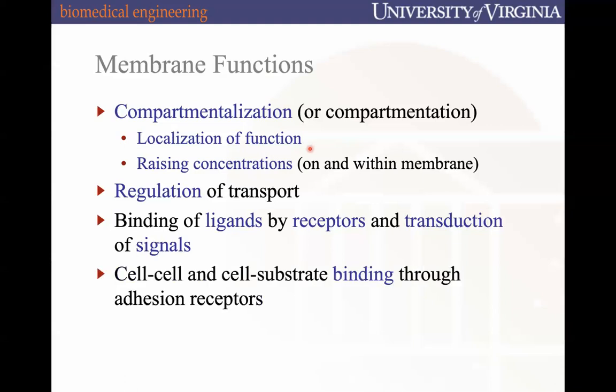All right, so cell-cell and cell-substrate binding, also cell membrane binding through different adhesion receptors. So we'll talk about this in way more detail when we go through the ECM lecture next week. But this doesn't have to be a ligand that a receptor is binding. It could be another thing on another cell. So maybe there is another cell nearby that likes to associate.